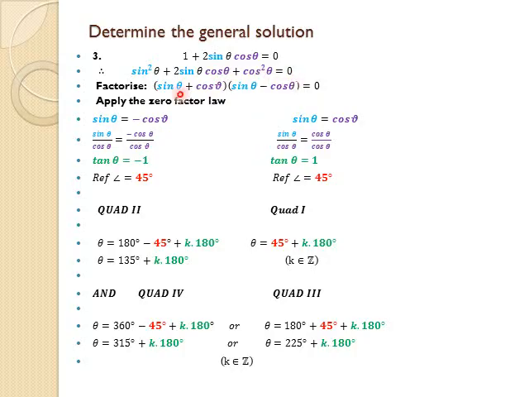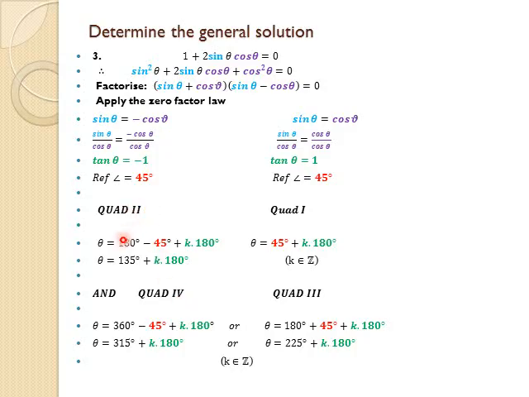Right, from there, sine theta equals negative cos theta, divided by cos on both sides. So sine divided by cos gives me tan, there negative 1. Shift tan 1 would give me a reference angle of 45. And tan now is negative in quadrant 2 and quadrant 4.